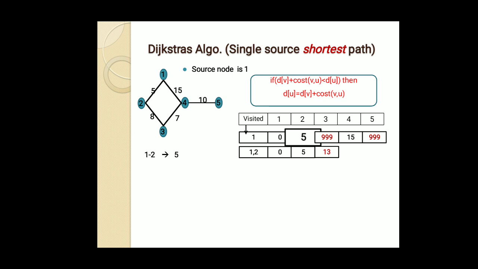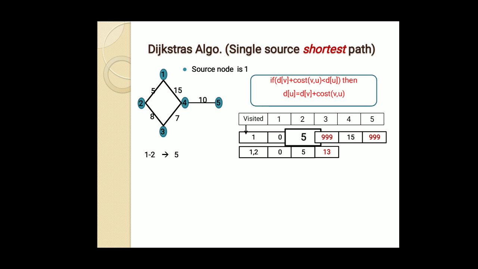What is the visited vertex in this case? It is 2, right? u would be the unvisited vertex from the particular visited vertex, that is from 2. Which one is unvisited? 3, right? So I have to take the cost of u comma v. What is the cost of u comma v? That is 8, right?